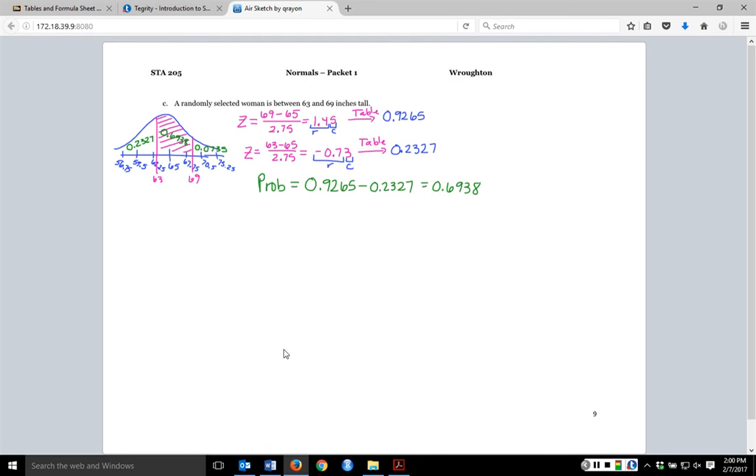Of course, last I'm going to interpret it. So then we can say that our probability that a randomly selected woman is between 63 and 69 inches tall is our 0.6938.